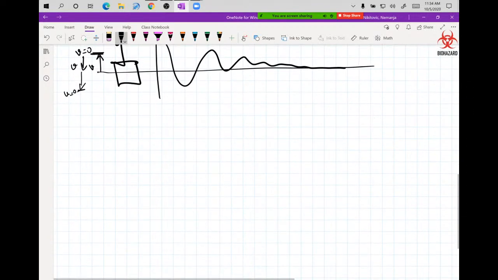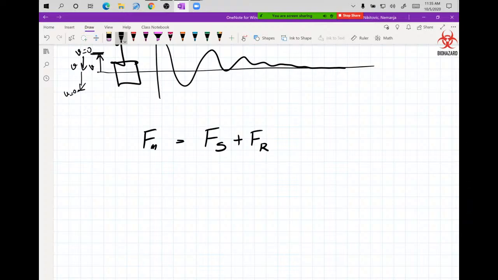equation for the force. I'm going to say over here, force of that mass, which is the total force, right, is going to be, so the total force of the system is going to be F of the spring, which is force due to spring, plus force due to resistance. And this is the force that is MA, which I also wrote as m dv/dt, right?